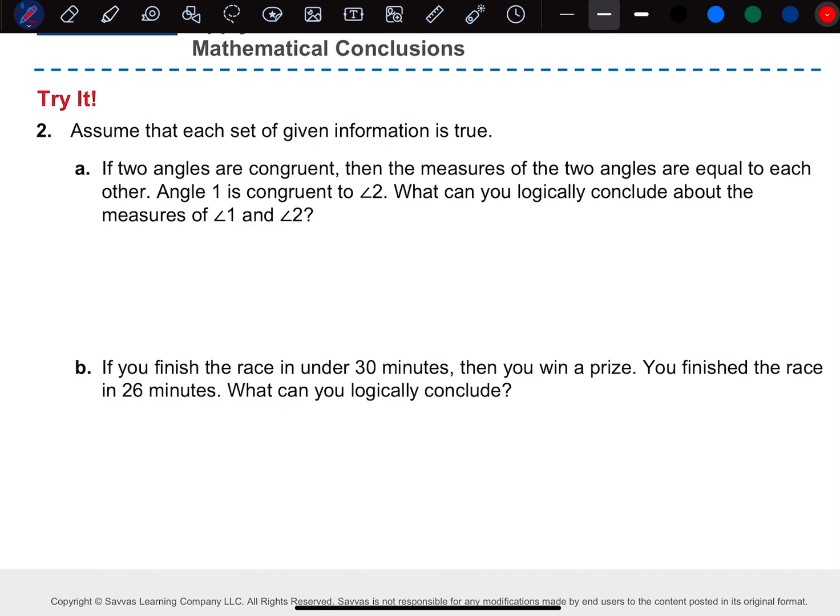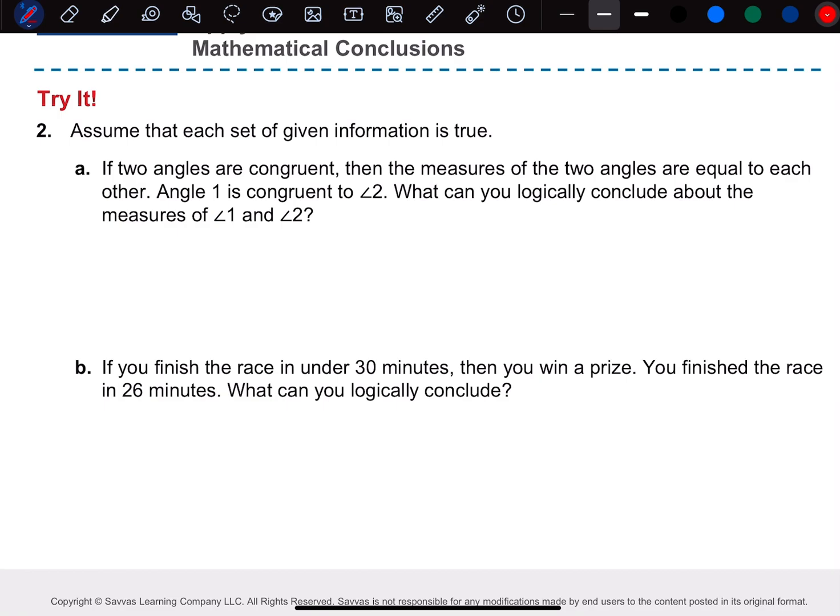So we're going to try and do this example together. It says, if two angles are congruent, then the measures of the two angles are equal to each other. Angle 1 is congruent to angle 2. What can you logically conclude about the measures of angle 1 and 2?